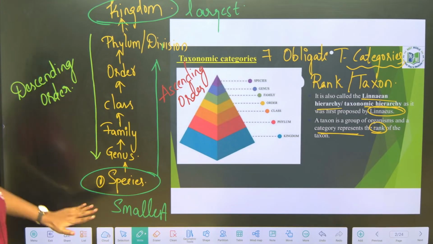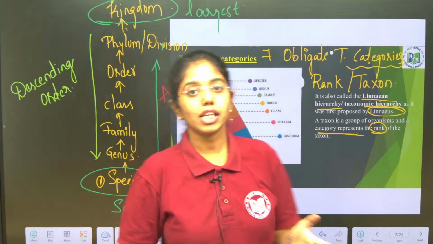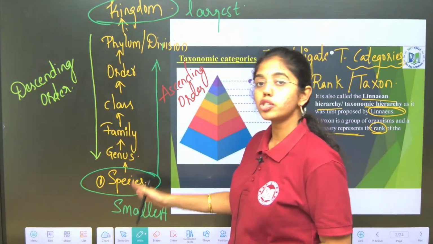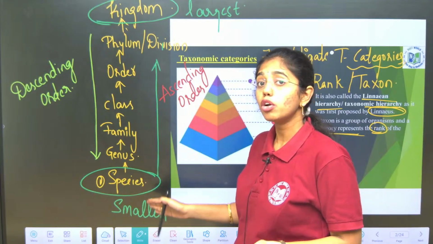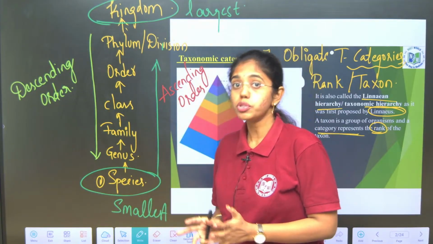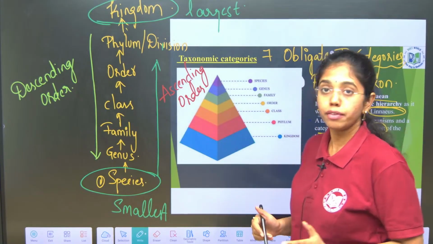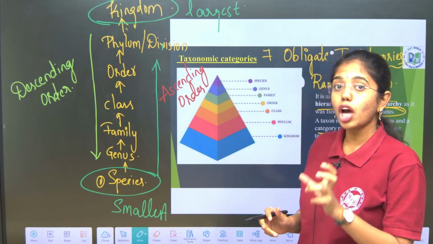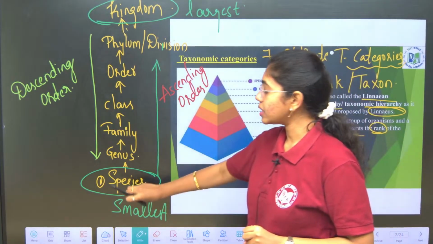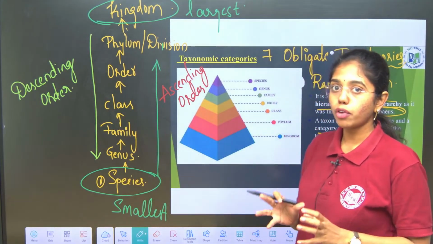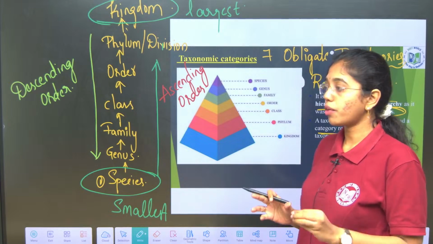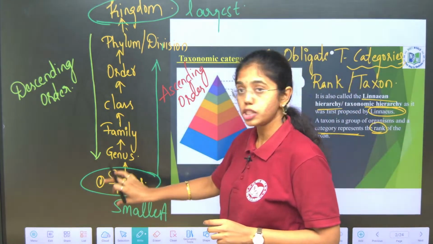Let me brief you on each taxonomic category. As we have discussed, species is the smallest taxonomic category, and includes those organisms which show similarity both in structure, morphology and physiology. The group of organisms which are primarily morphologically similar are placed under the species.